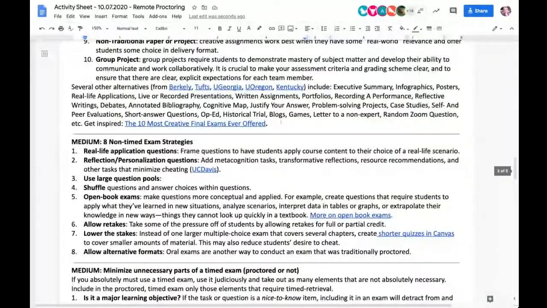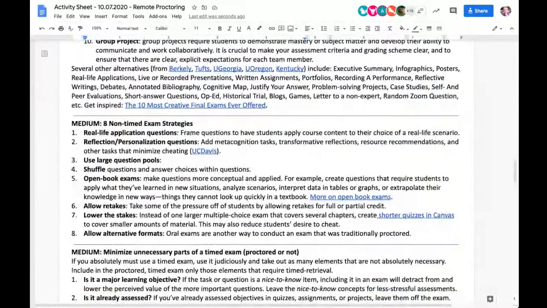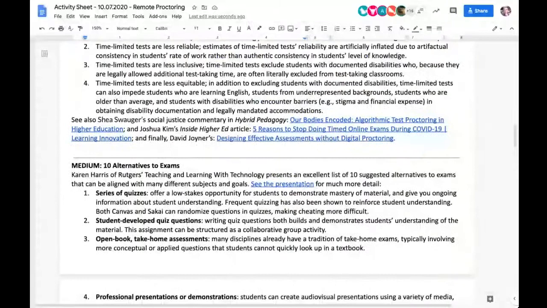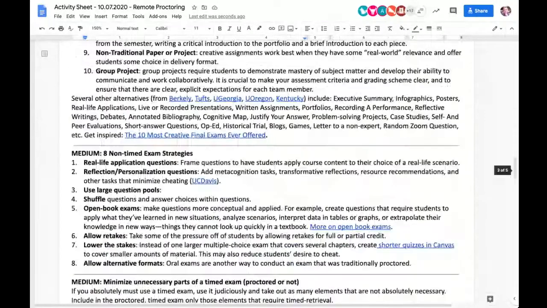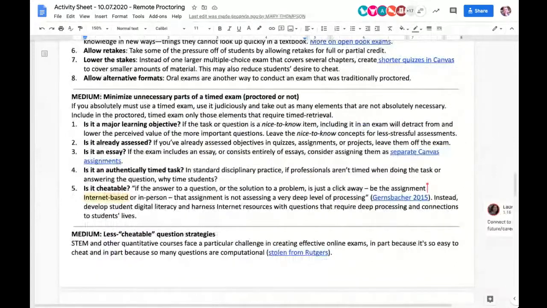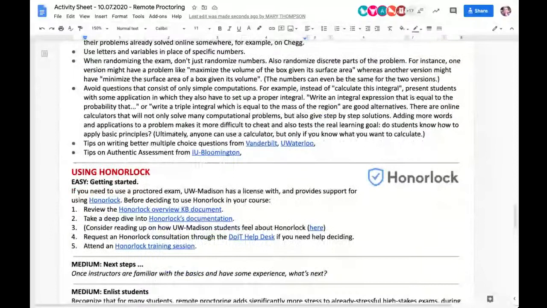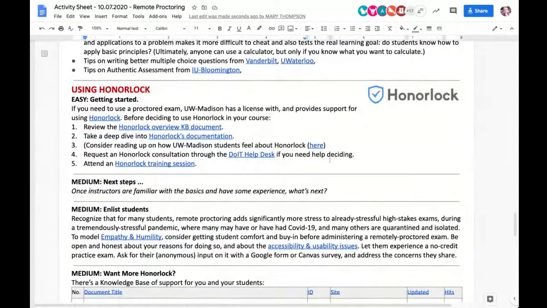I have a link in here that was sort of an interesting one. I'm going to try to find it. If you're familiar with Reddit, there's a UW-Madison Reddit, and several students have expressed concerns on there. Where do I have that? There it is.